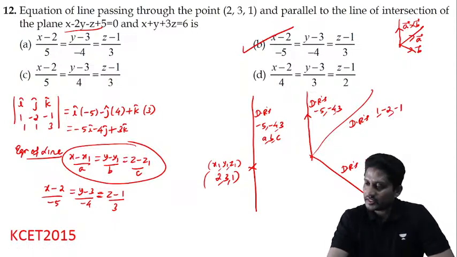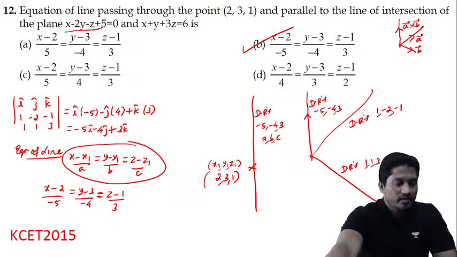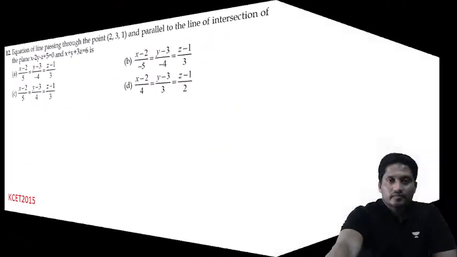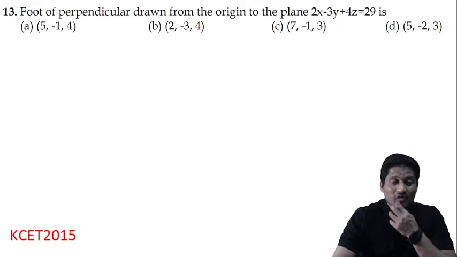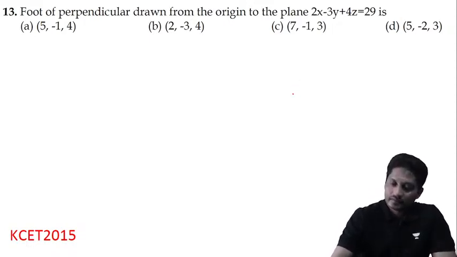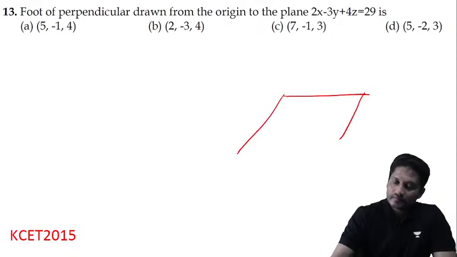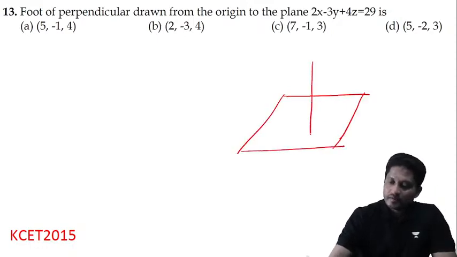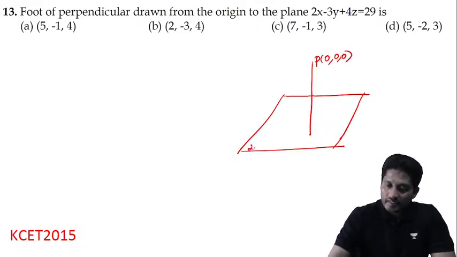Right, let's move to the next question. Foot of the perpendicular drawn from the origin to the plane. Foot of the perpendicular drawn from 0, 0, 0 to the plane 2x minus 3y plus 4z is equal to 29.